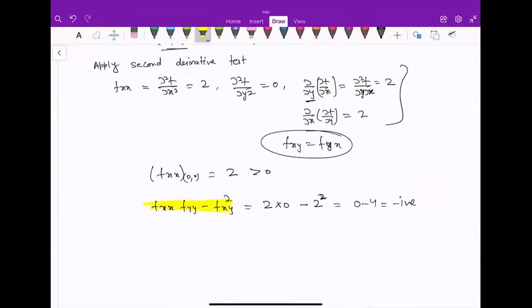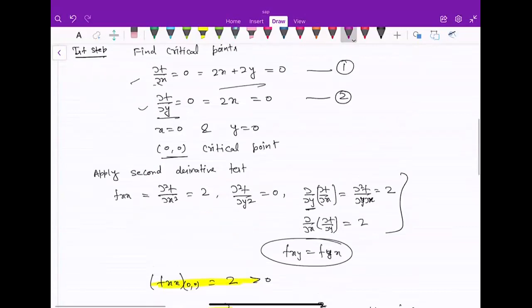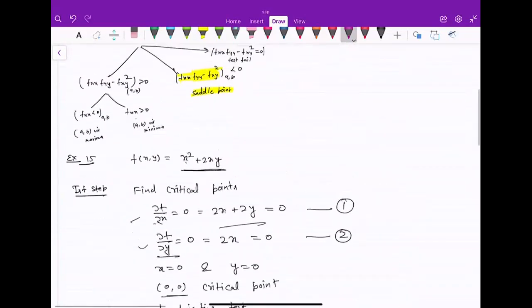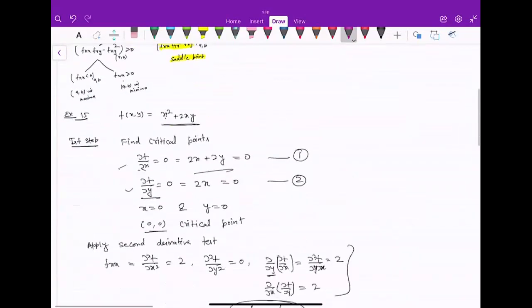Since it is negative, we will not check the value of fxx. This fxx fyy minus fxy square is also called the discriminant. It is negative, so this implies that (0, 0) is a saddle point. So this question is done. If you have any confusion, please ask.